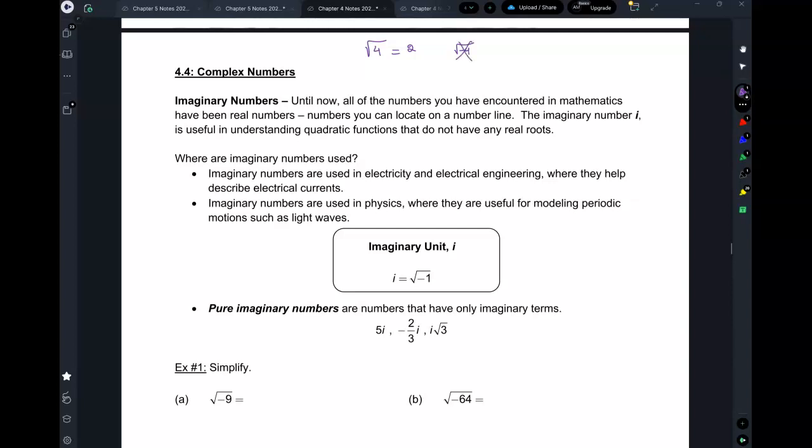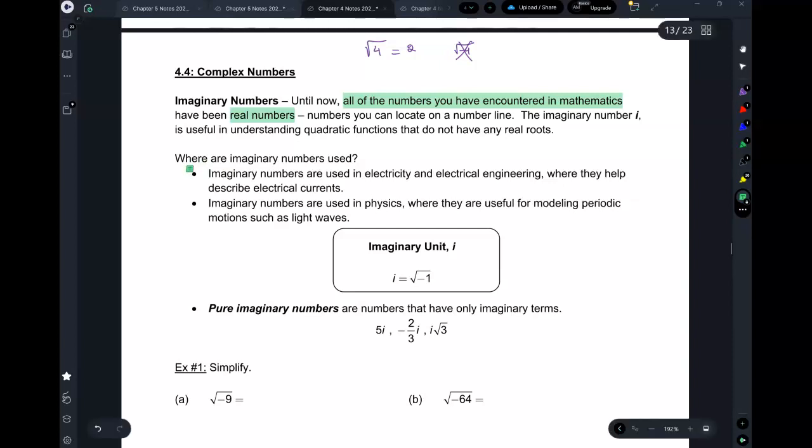That doesn't work, right? Until today, all of the numbers you have encountered have been real numbers. Remember in the beginning of the year when we were classifying numbers, it was all real, real, real, and then in addition this, this. Well, now it's the not real part.